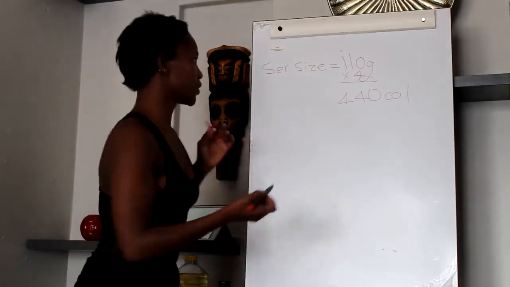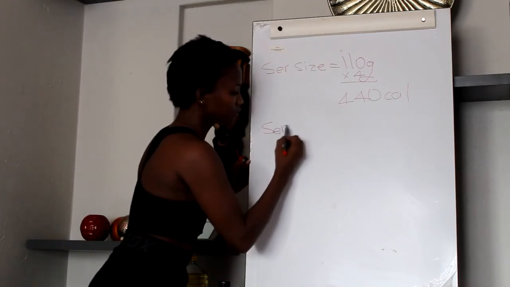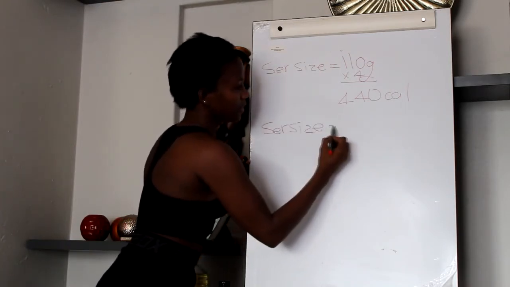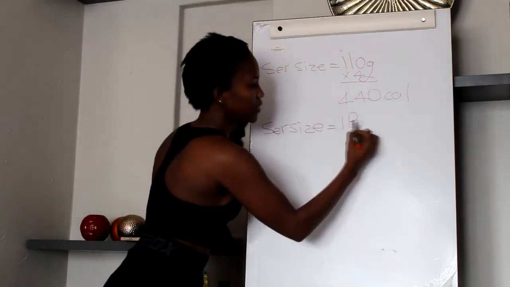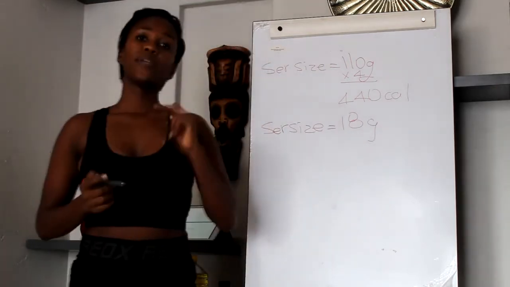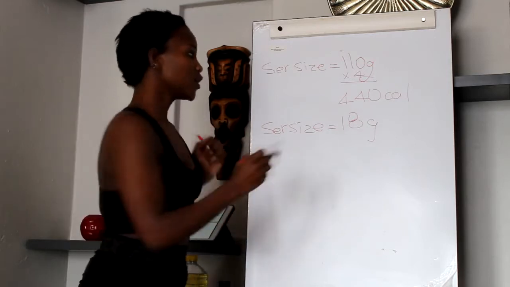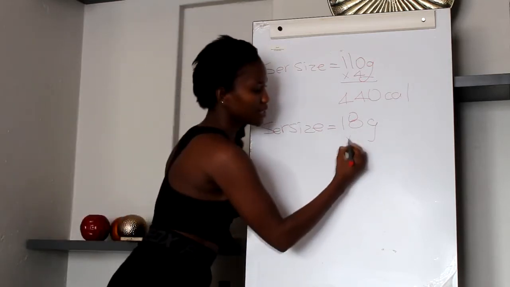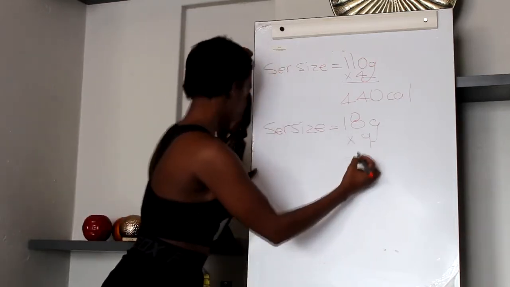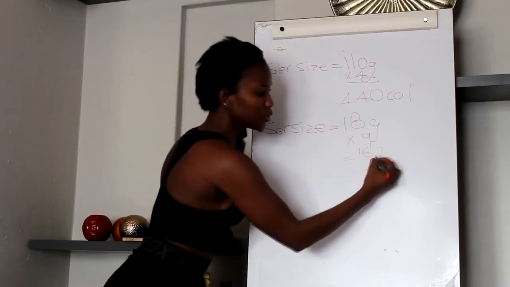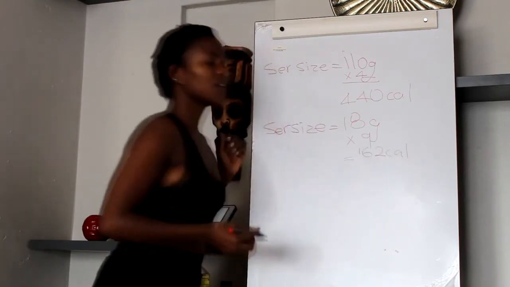Let's just say 18 grams. Remember how many calories are in fats? It's 9 calories per gram. So we're going to say 18 multiplied by 9 gives us 162 calories.